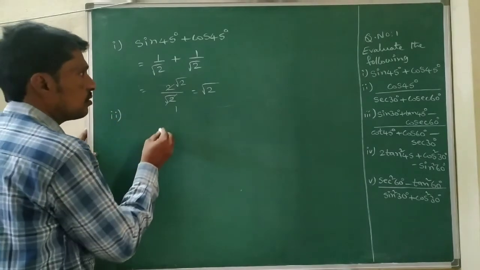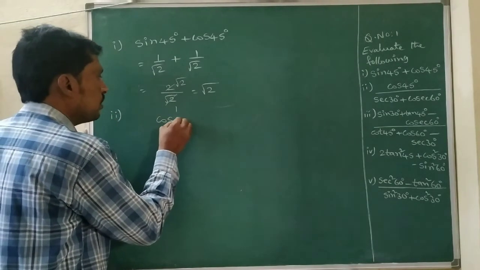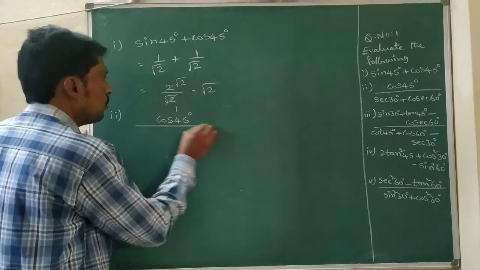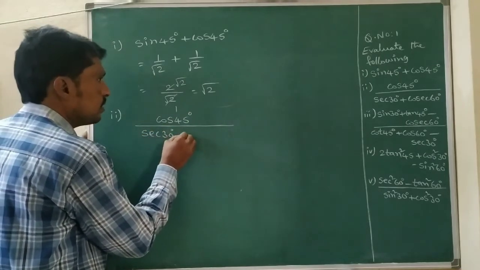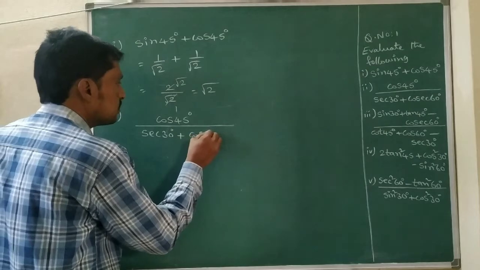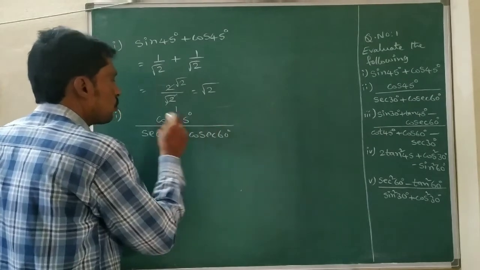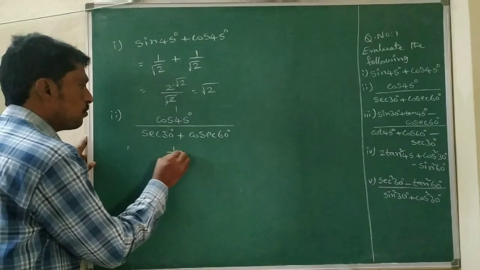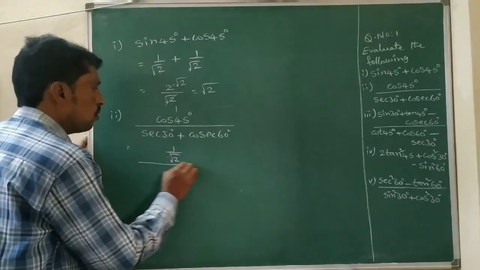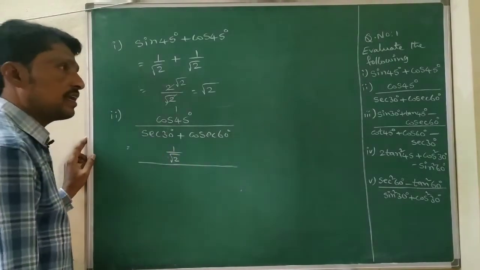Second one, cos 45 by sec 30 plus cosec 60. So what is the value of cos 45? Cos 45 value is 1 by root 2 whole by sec 30.